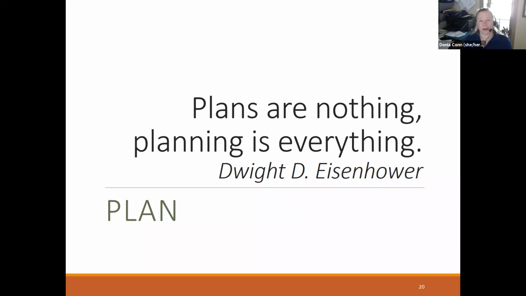But the planning process, everything that you are doing in this program is vital. You are learning so much about your institution and about your collections that you never knew before. So the process is what is so critical. And just as with writing your disaster plan, when we go to write our incident action plan, it's that action of planning that is so important for a successful disaster response and recovery.